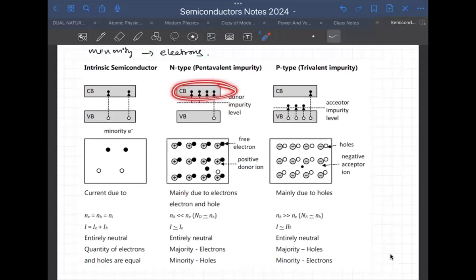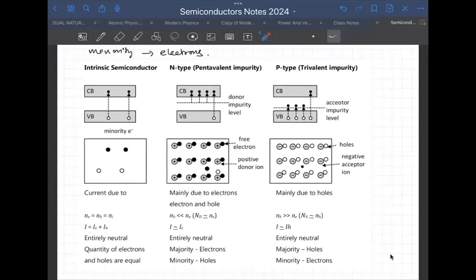So the number of electrons in the conduction band is more than the number of holes in the valency band. The moment these electrons shift into the conduction band, the donor impurity becomes an immobile positive ion, and the number of electrons is much more than the number of holes.